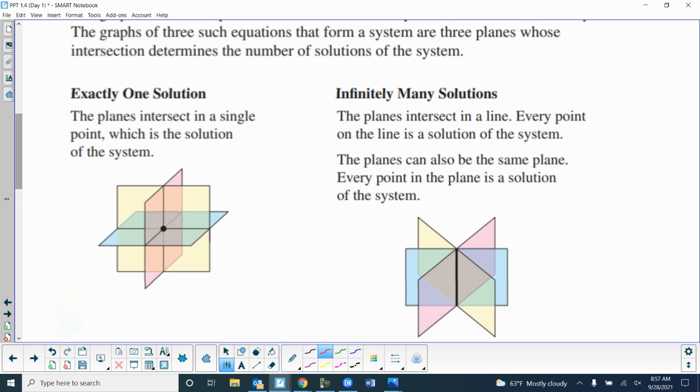Thinking back to geometry a little bit, looking at how they drew planes. Infinitely many solutions, planes intersect in a line here. So they all met with this dark line here in the middle. That would be an infinite number of solutions, every point on that line.